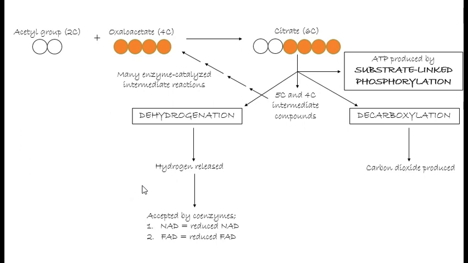So now that you are clear with the dehydrogenation of citrate, let's talk about the decarboxylation of citrate. So decarboxylation is the removal or the elimination of carbon from a compound, and in this case carbon is removed from the 6-carbon citrate molecule, because from 6-carbon citrate to form 5-carbon and 4-carbon intermediate compounds, you have to remove 1 carbon atom and 2 carbon atoms respectively.